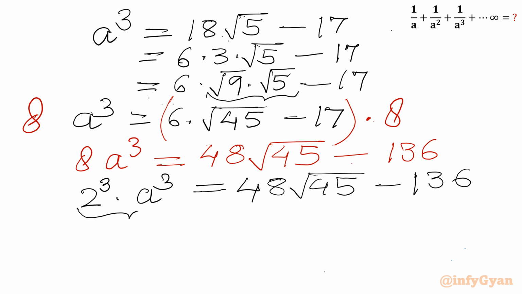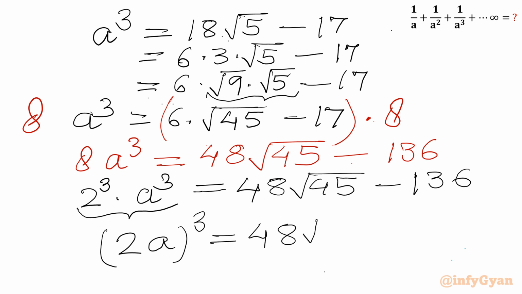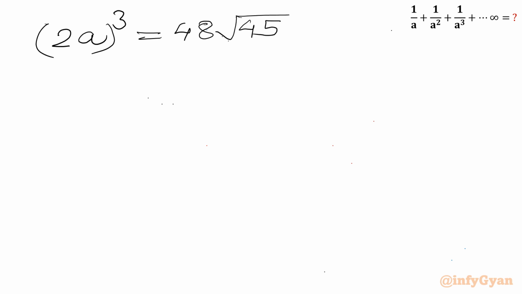So I can use the exponent law and LHS will become 2a whole cube equal to 48 root 45 minus 136. Let us write here 2a whole cube equal to 48 root 45 minus 136.